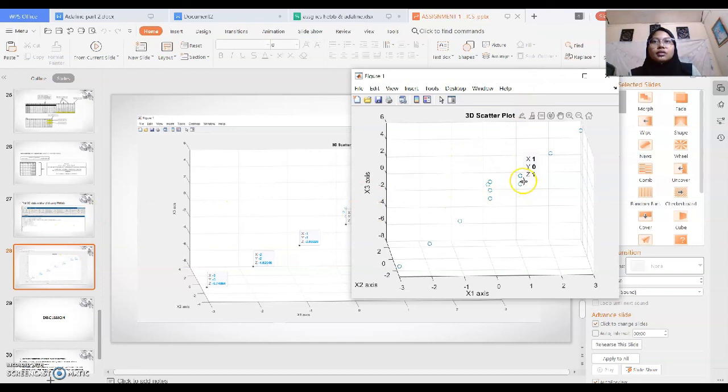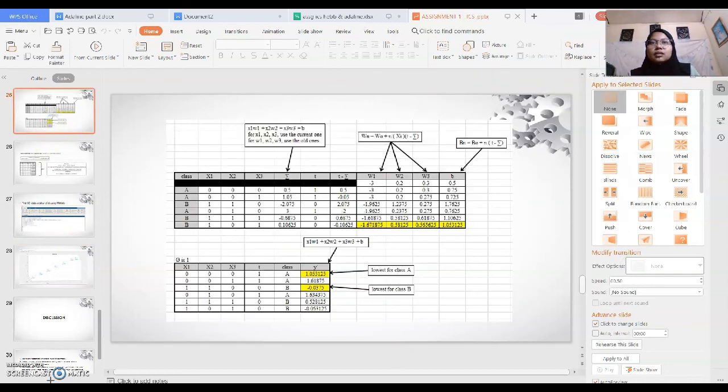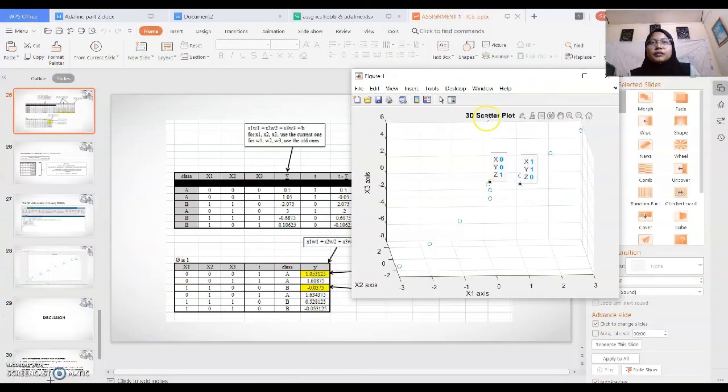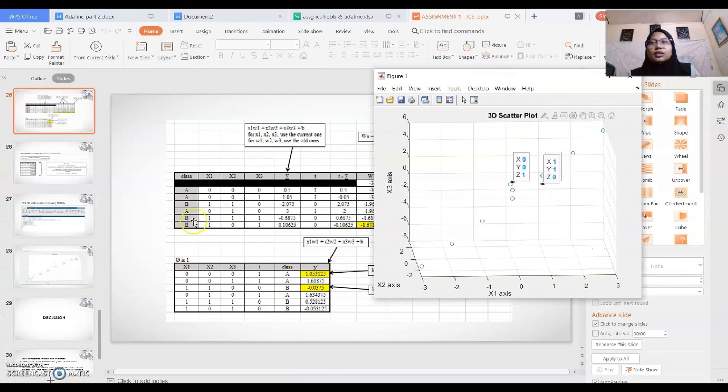This one. This is for class B, which is 101 and 110, and this is for class A. Okay, 110 and 101 for B, and for class A 000, 001, 000 and 010.